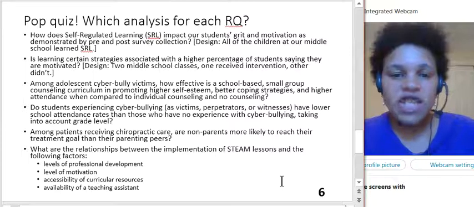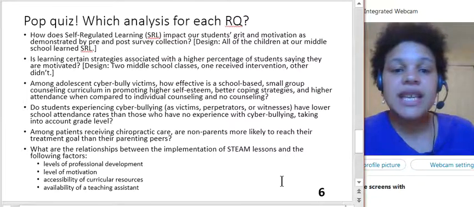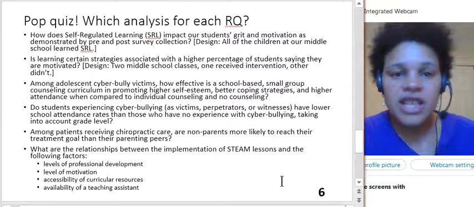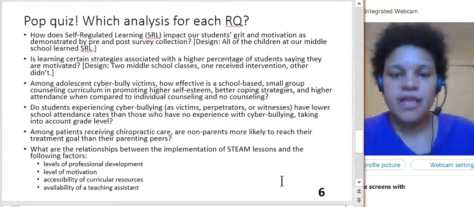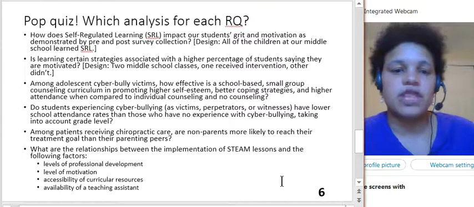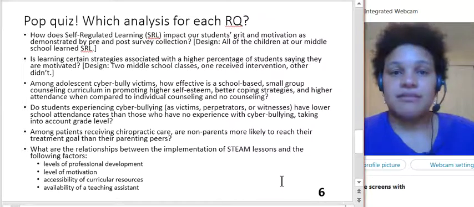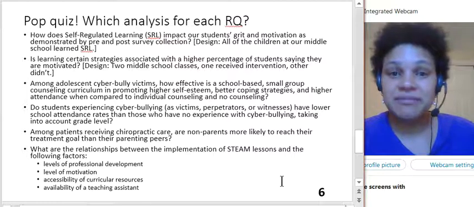One received the intervention, the other didn't. Then we see if the ones that learn these strategies, that receive the intervention, were more likely to say that they are motivated as compared to the students who didn't receive the intervention. So what analytic technique?